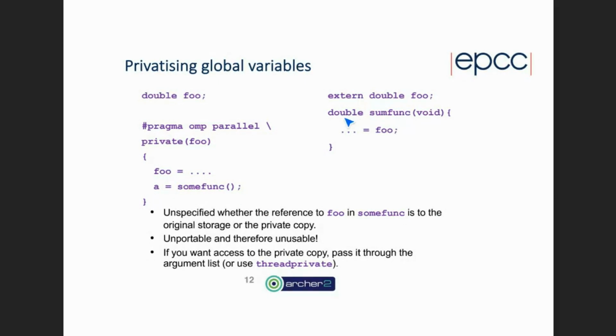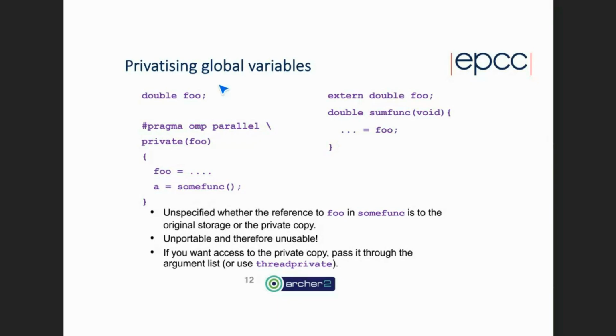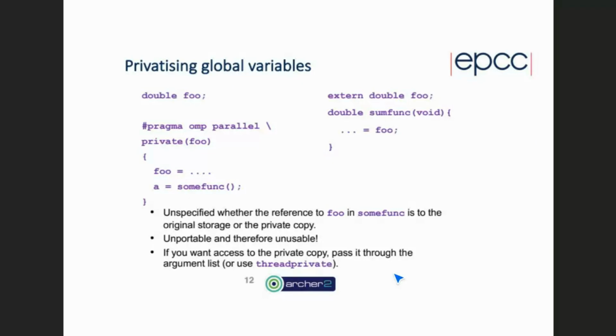So if the compiler decides to optimize this code by replacing the call to some func with just a copy of the code that's inside it directly, then the resolution to the global variable doesn't work anymore. So yeah, that's really the reason why this ambiguity exists.